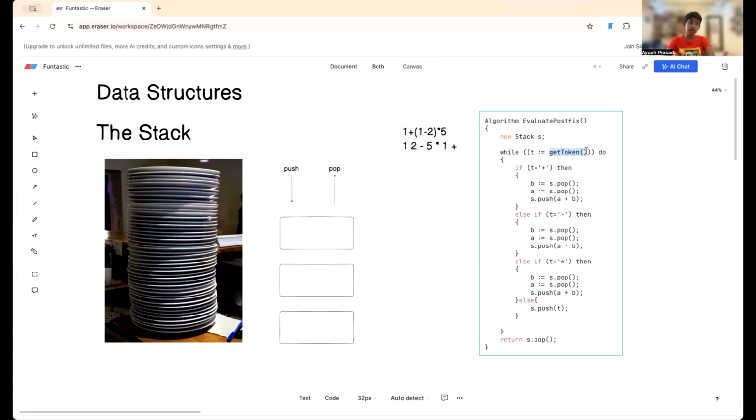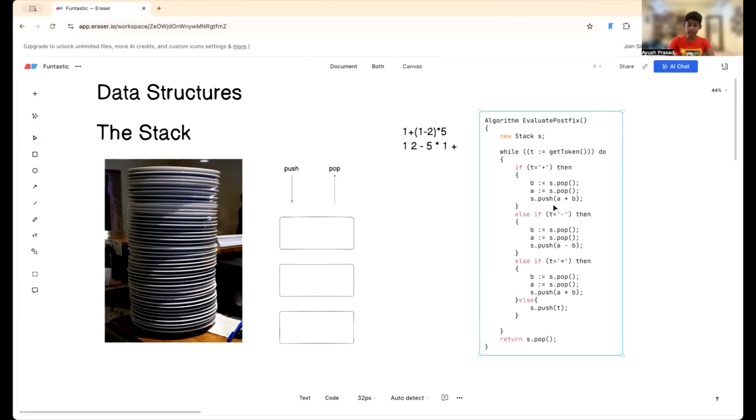Again, we're not too bothered about how exactly getToken works. We assume that getToken returns the next thing, the next word in our equation. It could either return a number like 1 or 2, or a minus sign, a times sign, or a plus sign. All that matters is that if we know the order of what symbols come when, we can evaluate it.